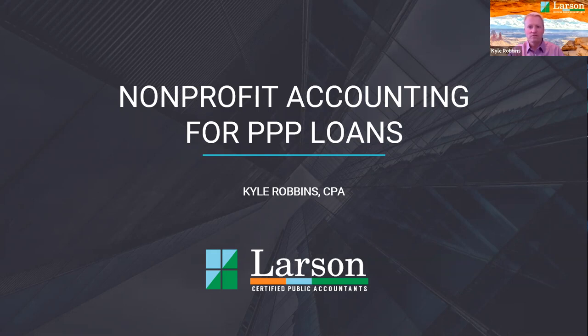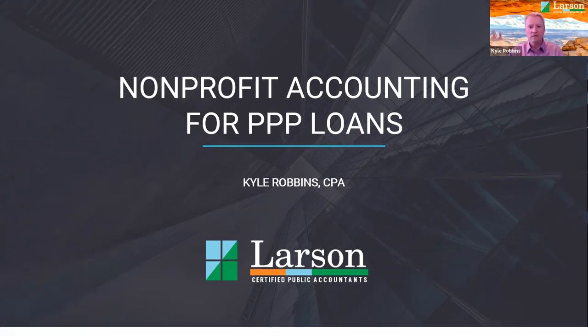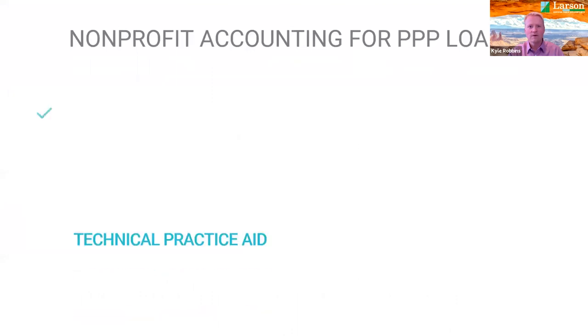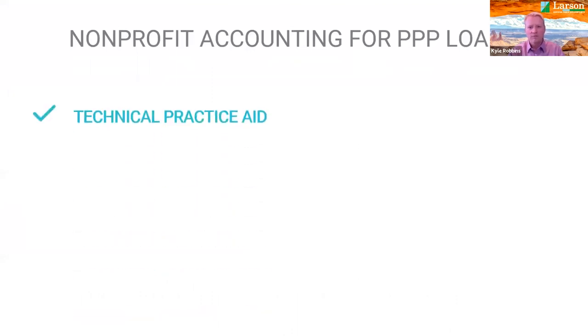This training should be fairly short, under 15 minutes or so. So hopefully it provides you with a good brief explanation, but a good solid understanding of how you should be accounting for PPP loans. So let's go ahead and get started. I'm going to go through 4 different things. There's a technical practice aid that has come out specifically for nonprofits that explains how nonprofits can be accounting for their PPP loans.